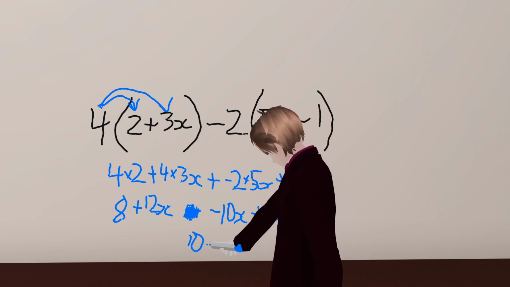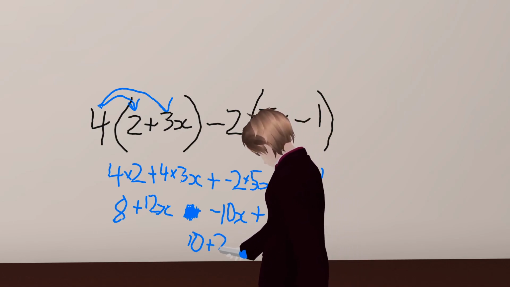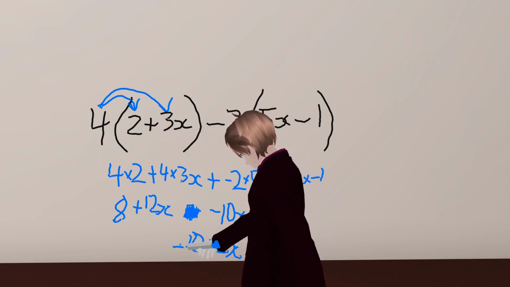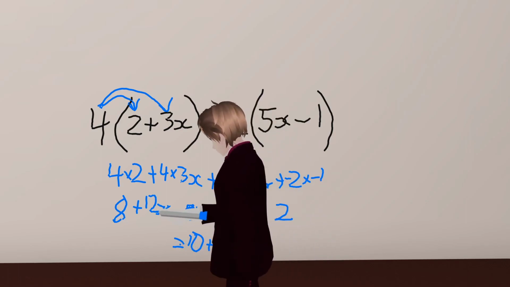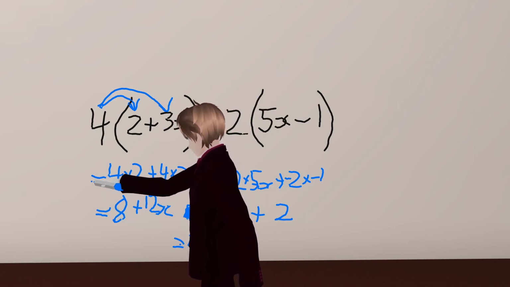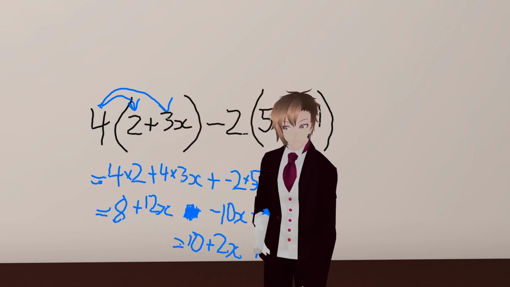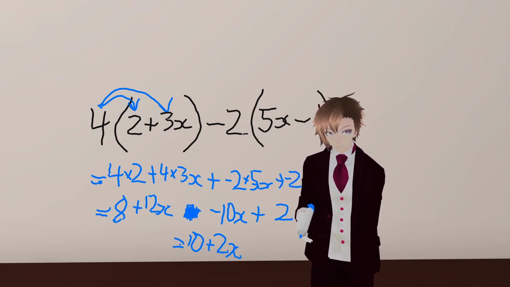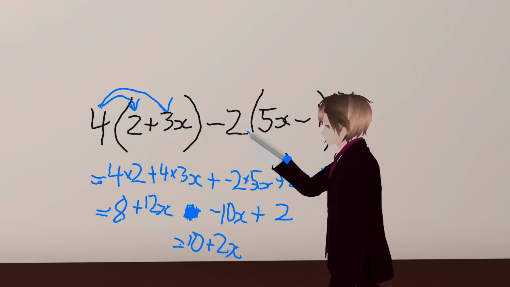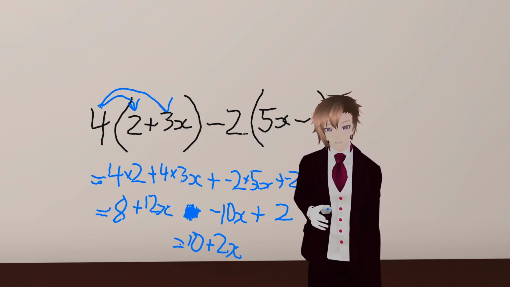So this is just plus 2x. So let's put some equal signs in. And we are done. So the distributive law is just about timesing what's outside the brackets with what's inside the brackets.